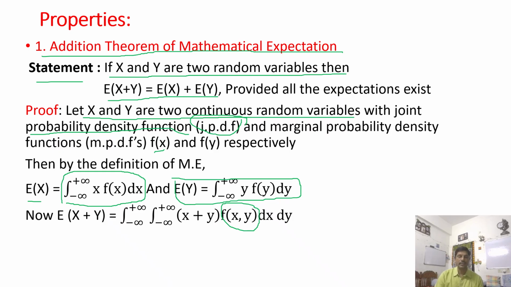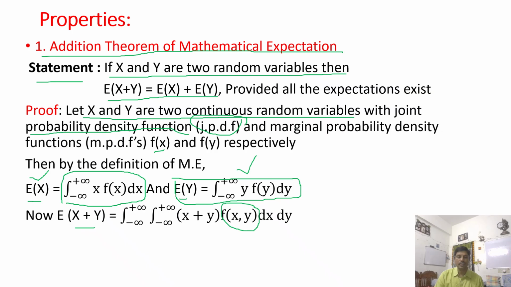That means wherever we get the integral of x into f of x dx, we can write it as E of X, and wherever we get the integral of y into f of y dy, we get E of Y. Now we see E of X plus Y.